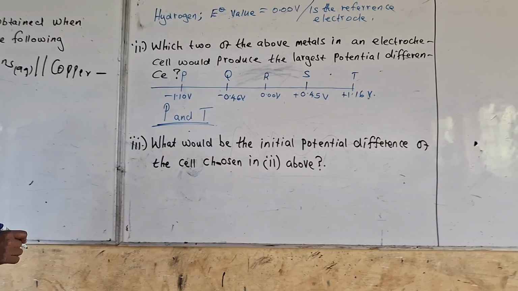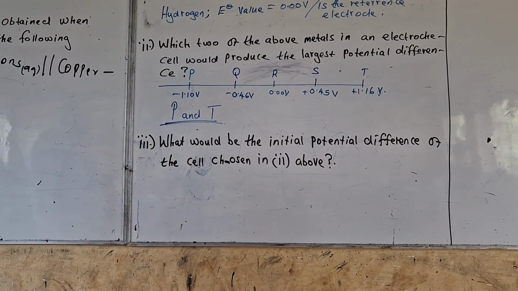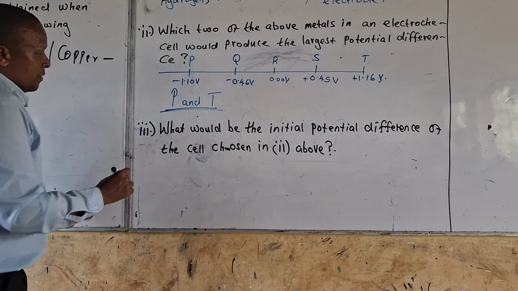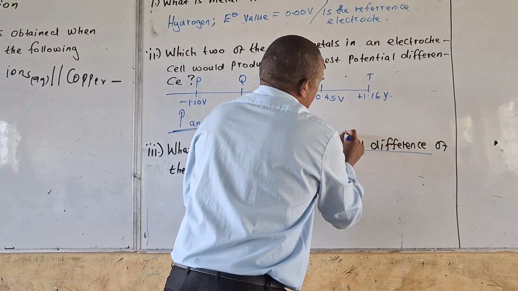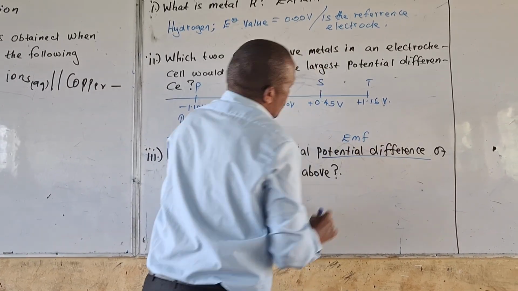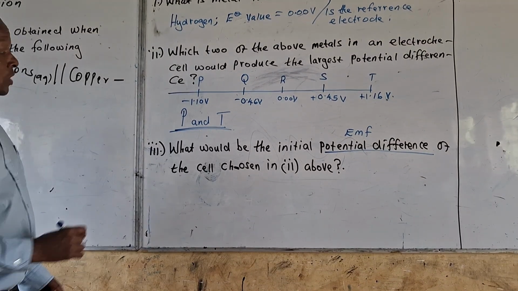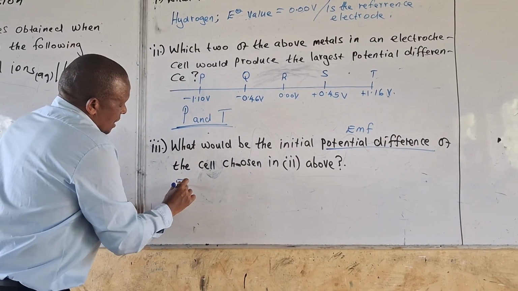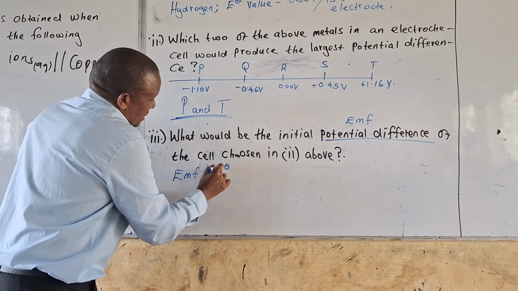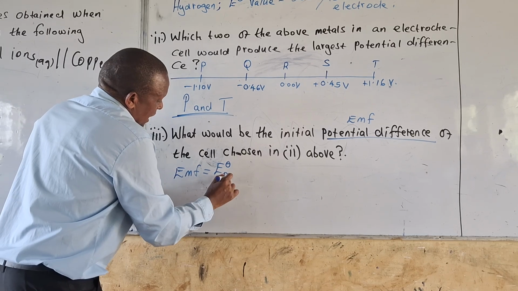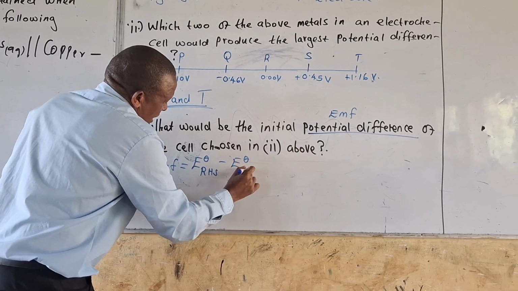Lastly, what would be the initial potential difference of the cell chosen in Roman 2 above? How do you calculate the EMF? Potential difference is the same as EMF, or the electromotive force. So we say EMF is equal to the standard electrode potential on the right hand side less the standard electrode potential on the left hand side.